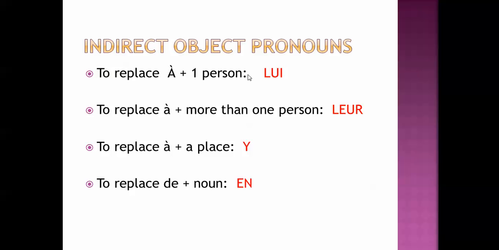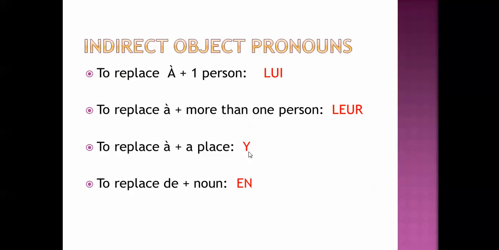Indirect object pronouns: you're going to use lui, L-U-I, to replace à followed by one person. You are going to use leur, L-E-U-R, to replace à followed by more than one person.